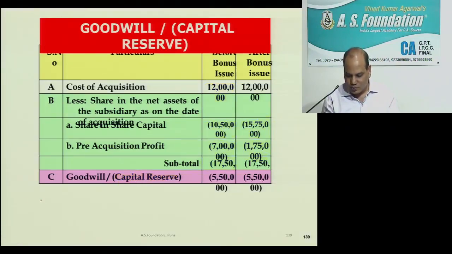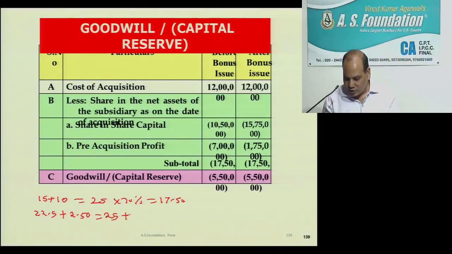See, once again, earlier the share capital was 15 lakh and reserve was 10 lakh. So this is 25 lakh, and your share was 70%, so 17,50,000. Now share capital has become 22.5 lakh and pre-acquisition profit has become 2.5 lakh.